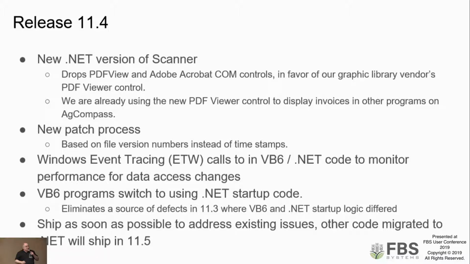And actually, on a Compass where this was a performance issue, we've already moved out everything but Scanner. Everything that displays an invoice, there's a new PDF viewer control. And we're going to use that control in Scanner. And that'll be our general approach.